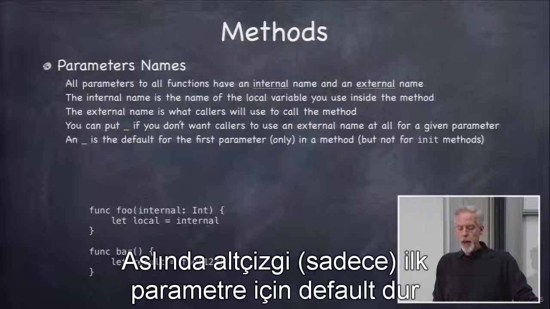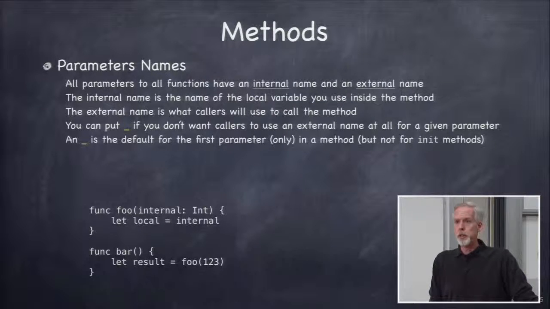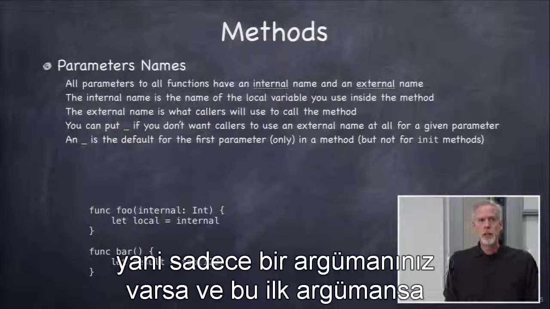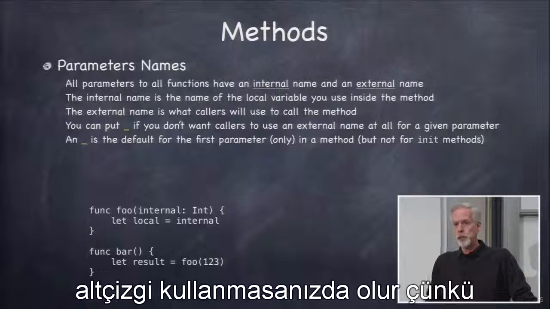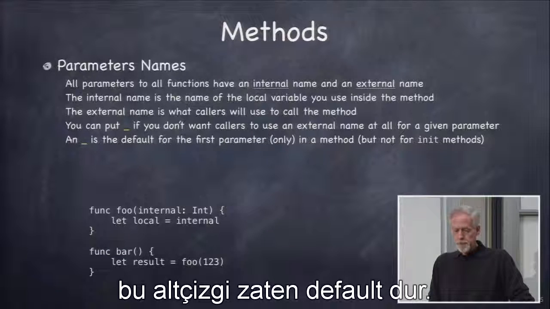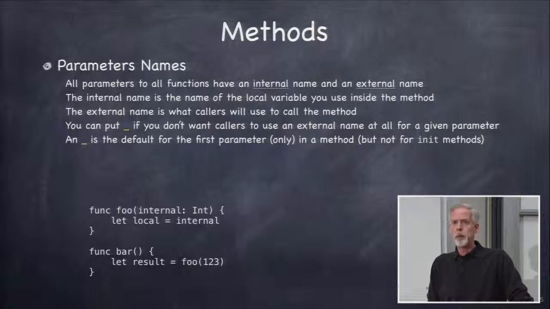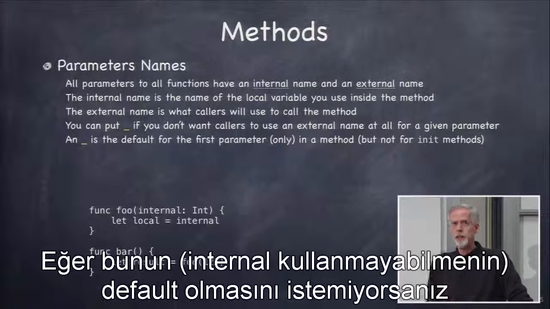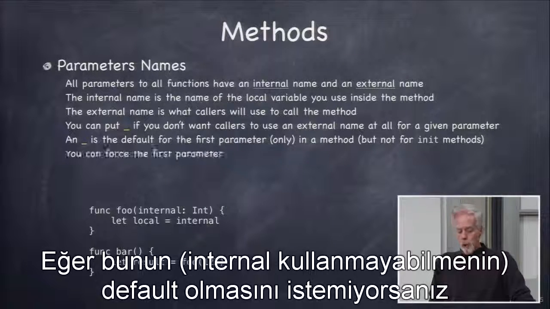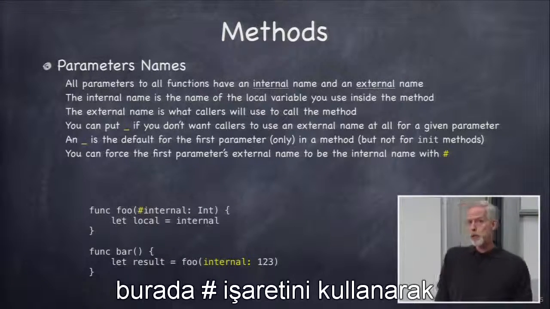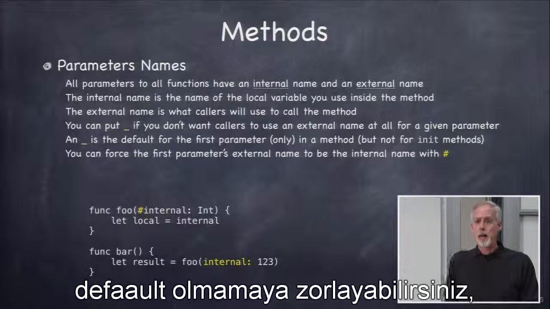Now, that is the default for the first argument to a function. foo only has one argument, so its first argument is its only argument. You can see that when you call it from bar, you don't say internal colon. That's because that underbar thing is the default. Now, if you don't want that to be the default, you can force the first one to be required by putting a pound sign there, a little hashtag.